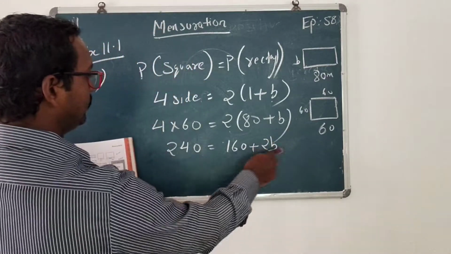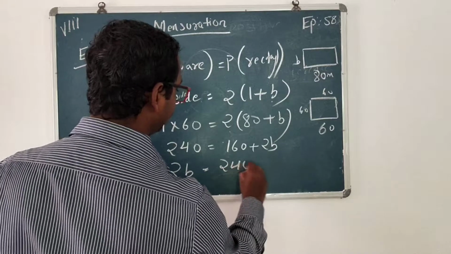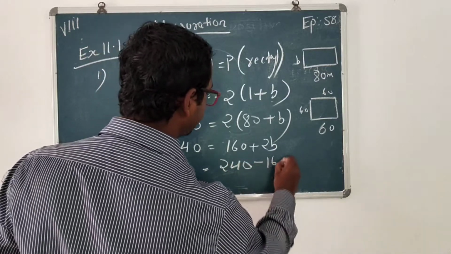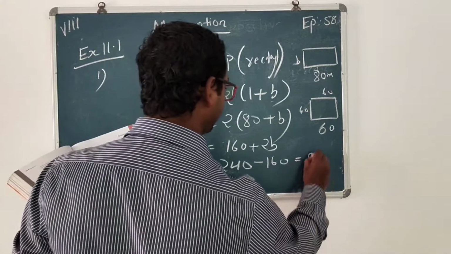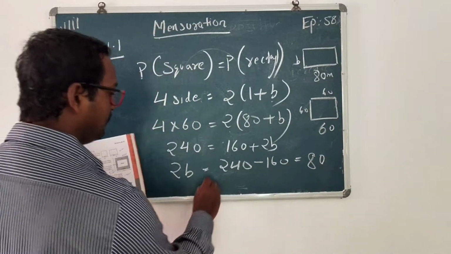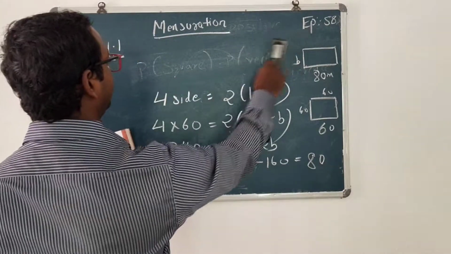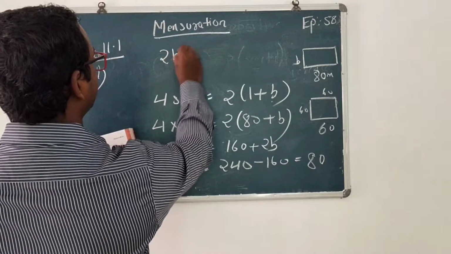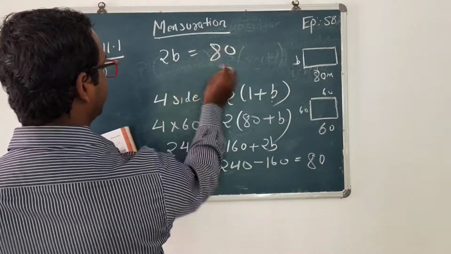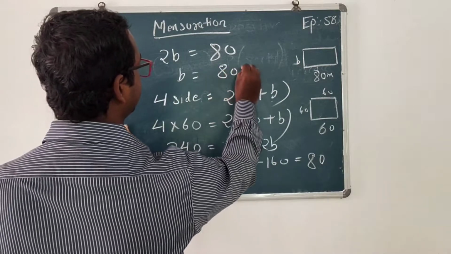So here we have to find the 2b. So 2b is equal to 240 minus 160, which is equal to 80. So finally, 2b is equal to 80.